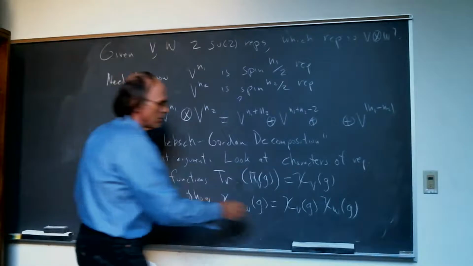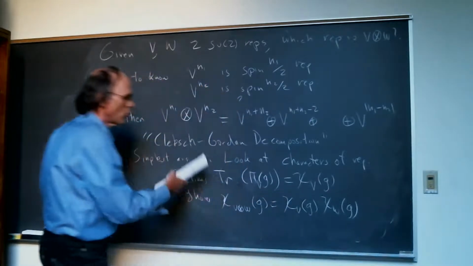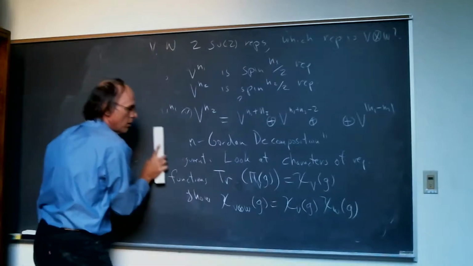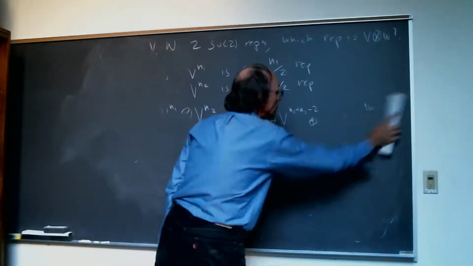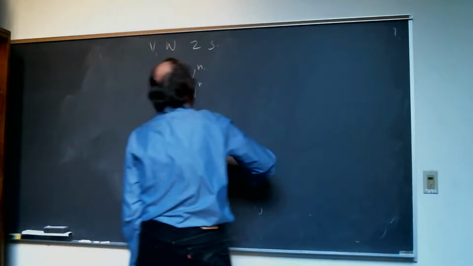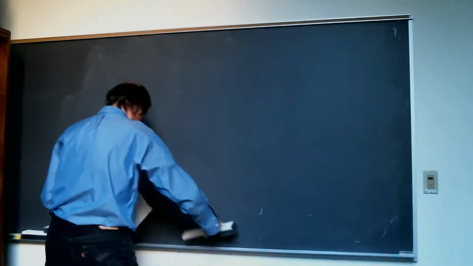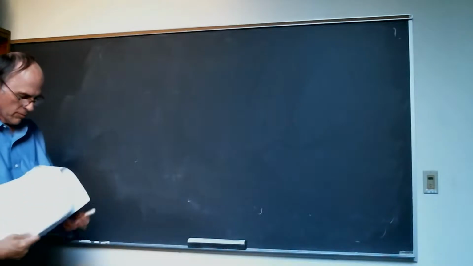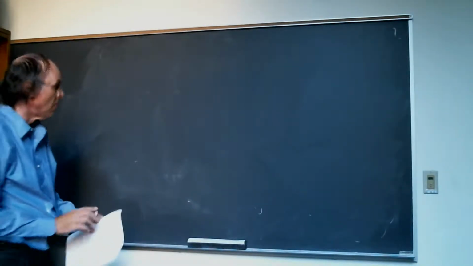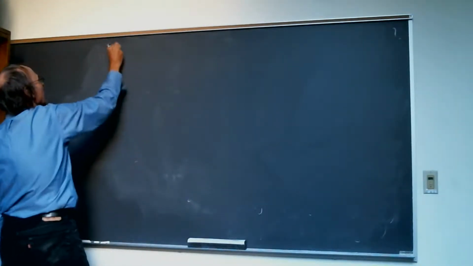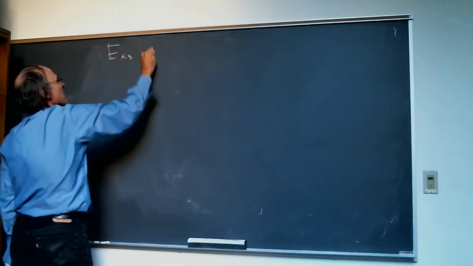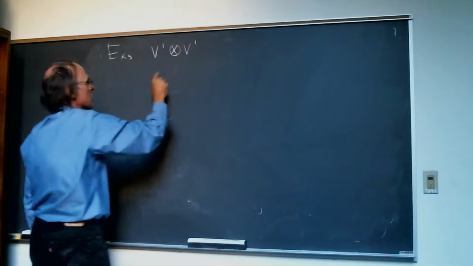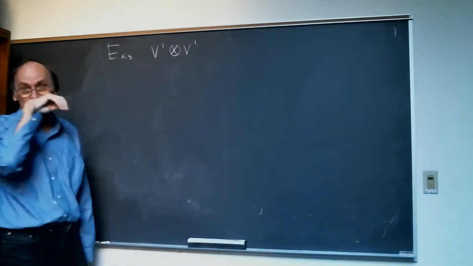And then let me work out a couple of quick examples which are important. Example: V1, the spin half representations.